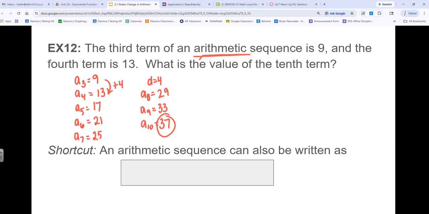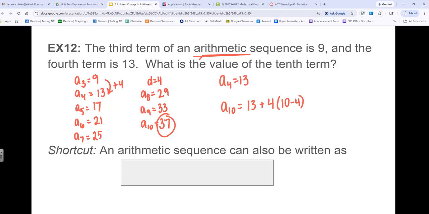I knew that a sub 4 was 13, and I was trying to find a sub 10. So if I want to start from 13, or you could start from 9, either one, how many times was I going to have to add 4? I was going to have to add 4, 10 minus 4 times, right?